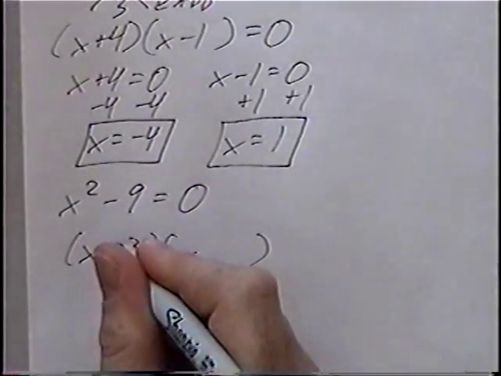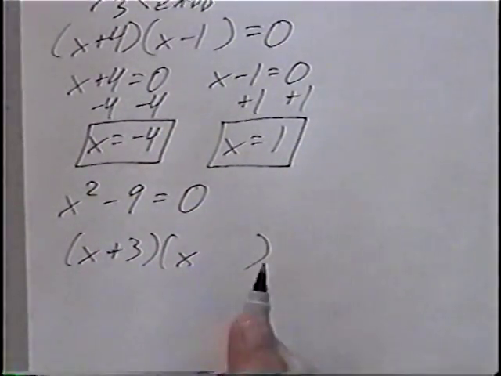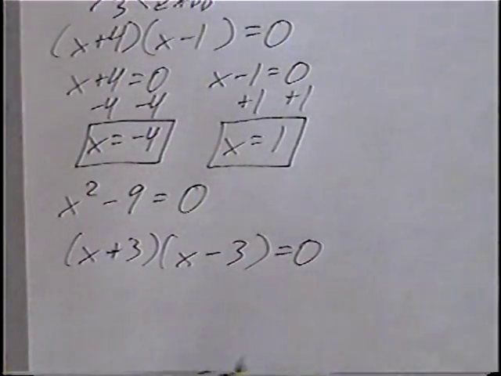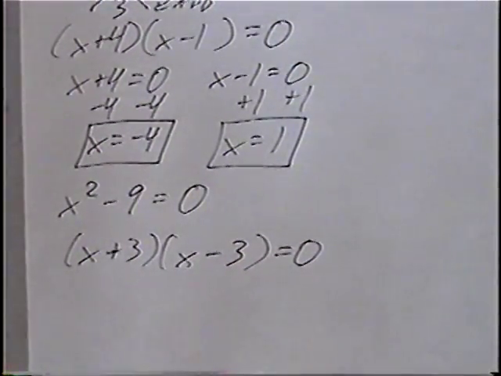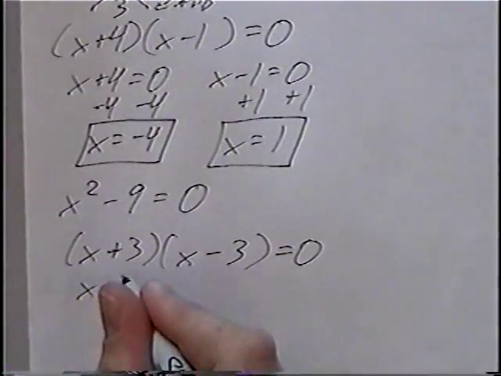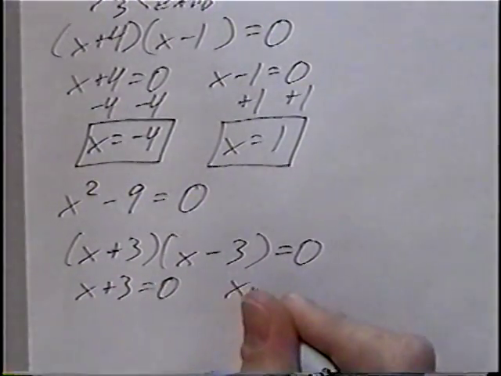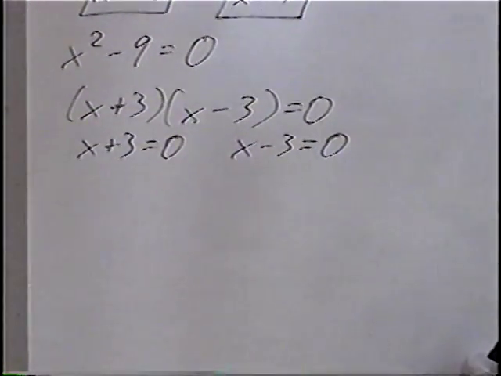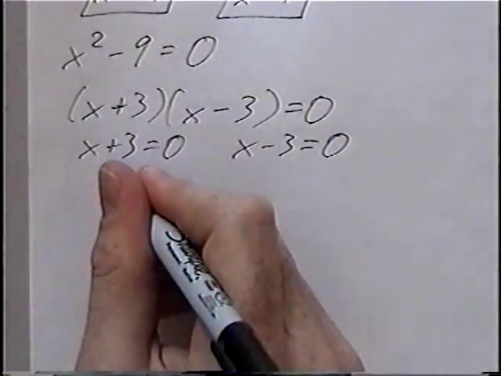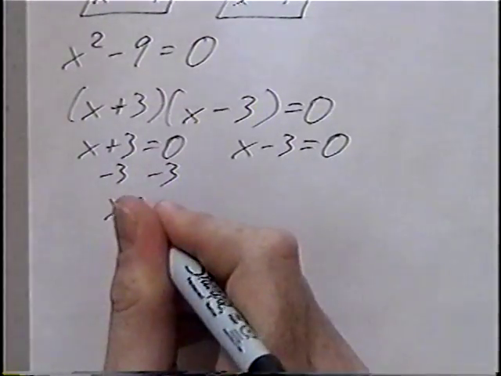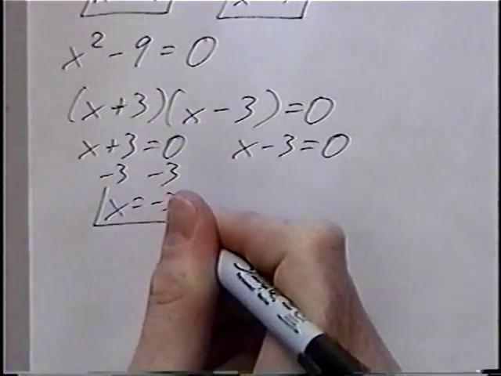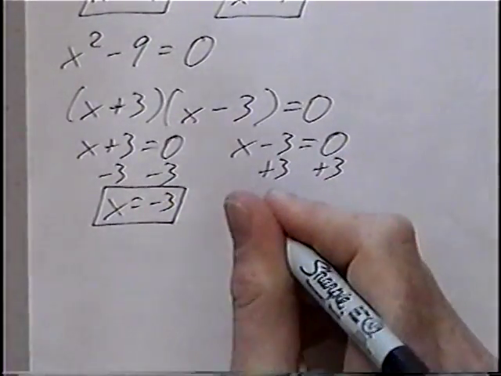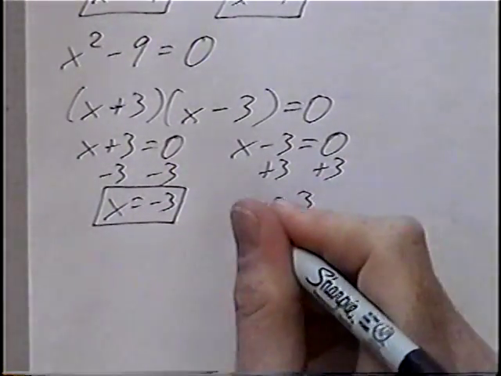So the first parentheses will have positive 3, and the second parentheses we can make negative with a minus 3. Equals 0 from above. And again, set each one of these equal to 0, and then we can solve and get the two answers. Subtracting 3 on both sides, x would equal negative 3. And adding 3 on both sides, x would equal positive 3.